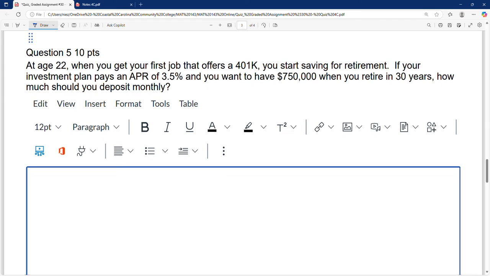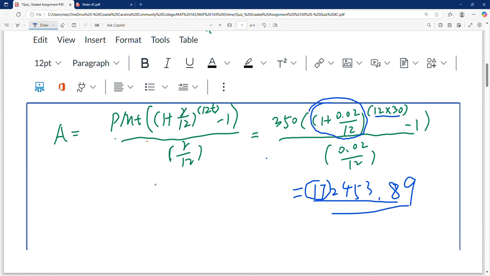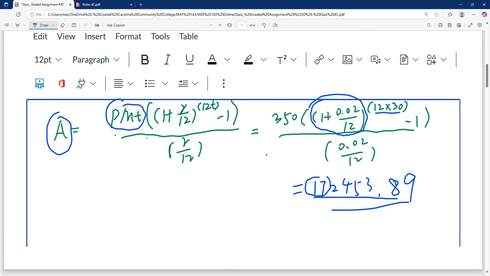Okay, question 5. At age 22, when you get your first job that offers a 401k, you start saving for retirement. If your investment plan pays an APR of 3.5% and you want to have so much when you retire in 30 years, how much should you deposit per month? You see the formula we use here, they give you R and they give you T to let you find the maturity value.